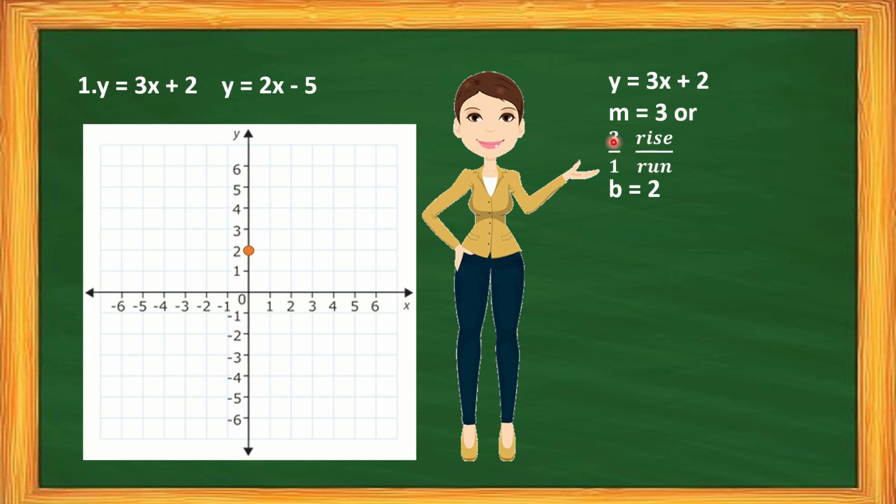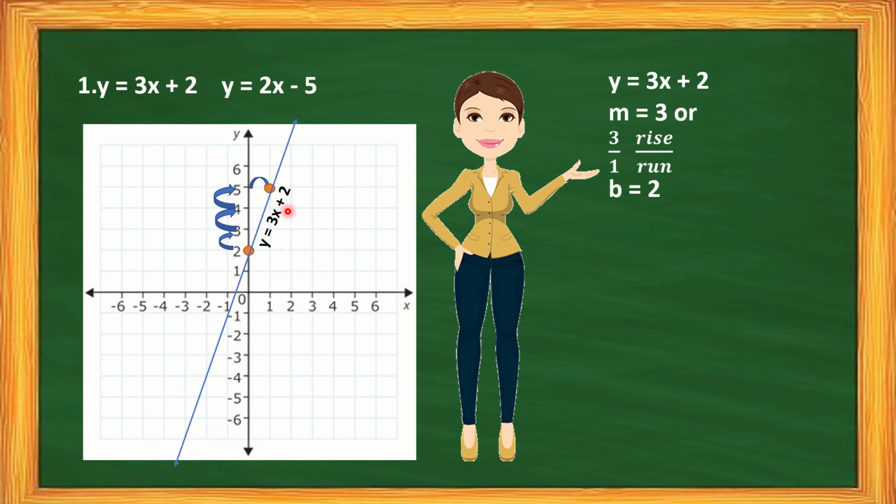Our rise is 3, so you move 3 units upward: 1, 2, 3. The run is 1, so 1 unit to the right since it is positive. So the other point is here. Then you can graph the equation by connecting the 2 points. This is now the graph of y equals 3x plus 2.